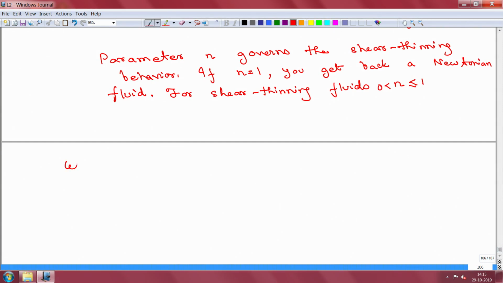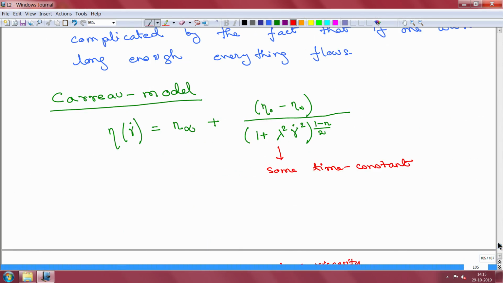So, for example, when you have this term in the numerator. So, let us go back to this. If this particular term, lambda square into gamma dot square, is much smaller than 1, then in the denominator you will have 1 to the power of something. So, you can see that when this term is very small, the behavior should be approximately Newtonian, right.